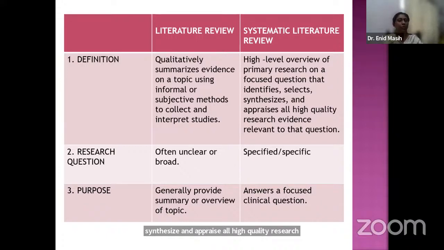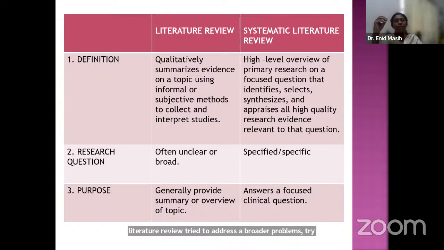We all know that quality is very important whenever we talk about a systematic literature review. In the traditional review, the research question is often unclear and broad. Previously, I told you that the main problem with the traditional literature review is that it tries to address broader problems, so many problems at one single point.